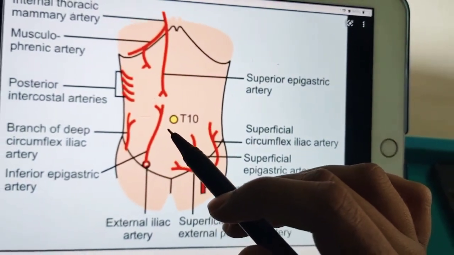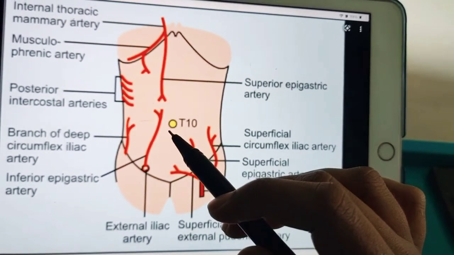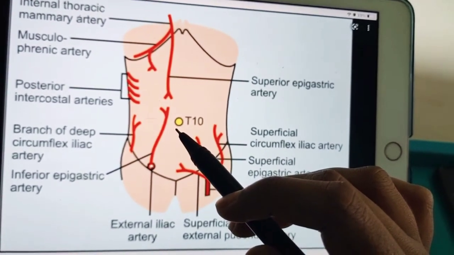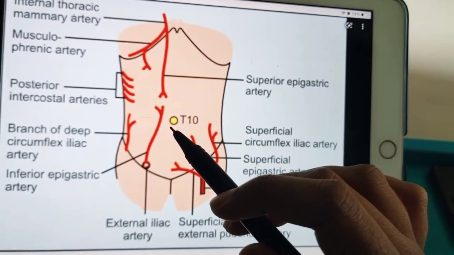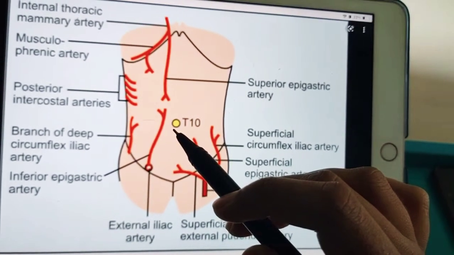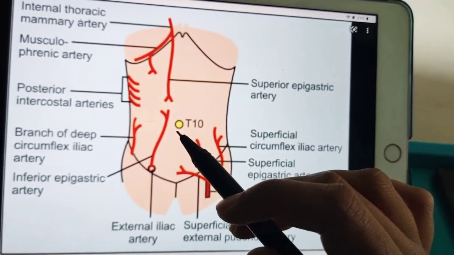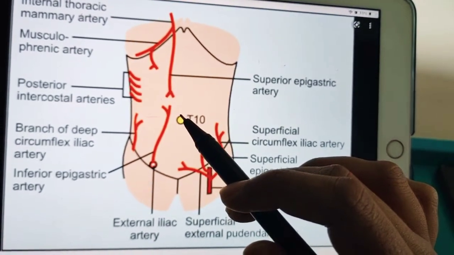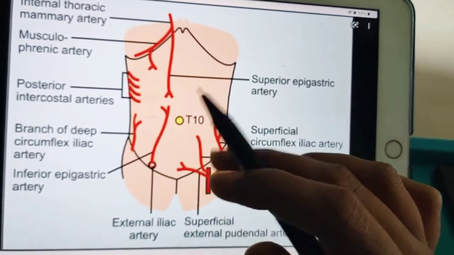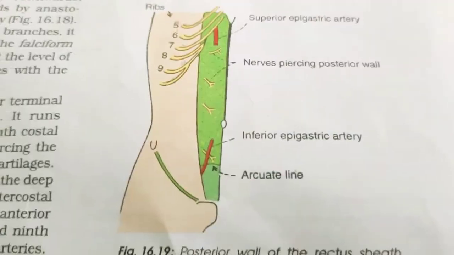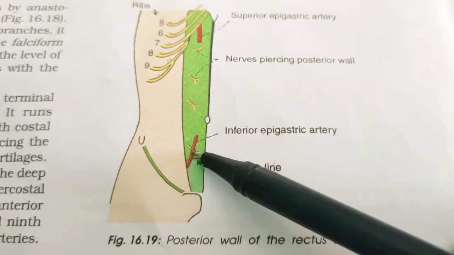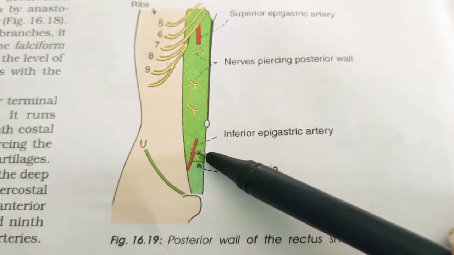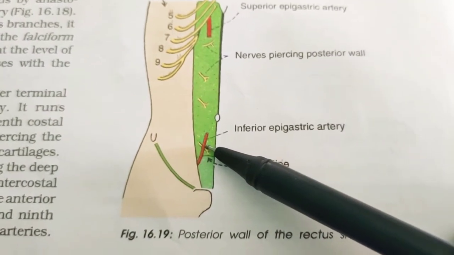It passes medial to the deep inguinal ring, pierces the fascia transversalis, and at the lateral border of rectus abdominis, enters the rectus sheath by passing in front of the arcuate line. Let me show the diagram for this. Here you can see it is passing above the arcuate line, piercing the rectus sheath and entering into it. So this is the inferior epigastric artery.